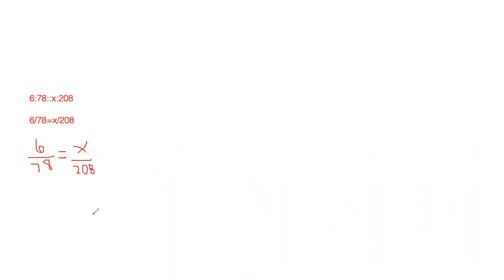And then we have 78x. So 78x equals 1248. And then you want to divide by 78 on both sides.